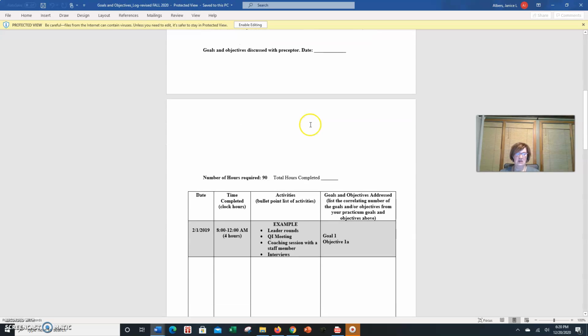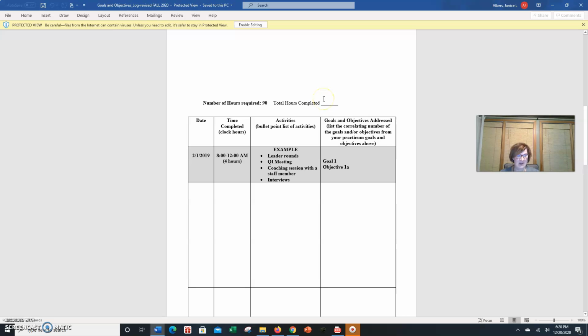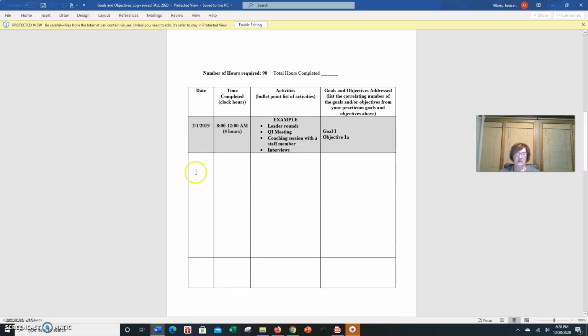So once you do your activities, say for the second day, maybe you did spend some time with someone in finance, you would actually document the date and the times of your practicum experience. Then what did you do? Did you interview the person in finance? Did you talk to some of the people who do the different ledgers, those types of things?